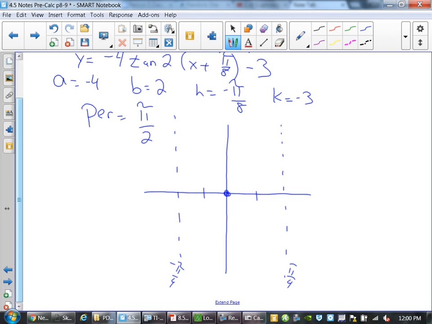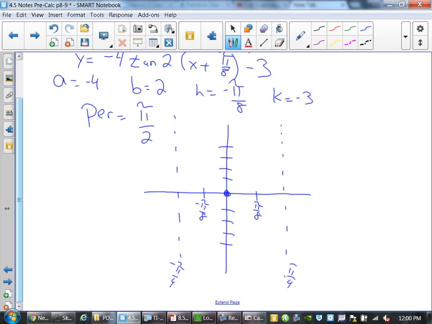Halfway spots. Just multiply your asymptotes by a half and it'll give you your points. A value's at -4. So if the A value is negative, what direction is tangent going? Very good.